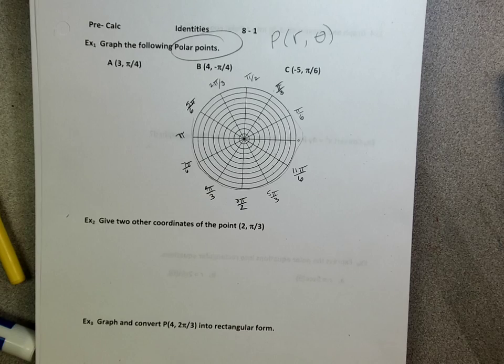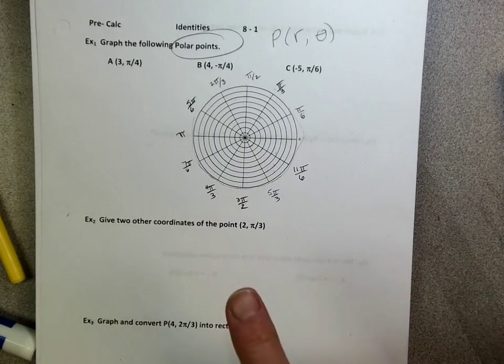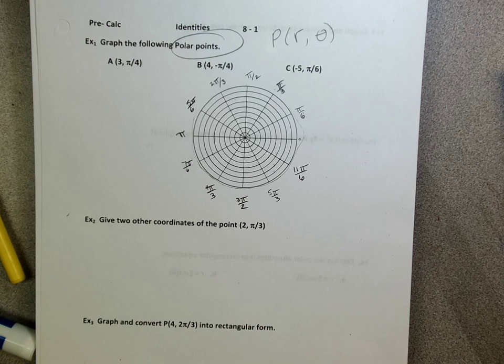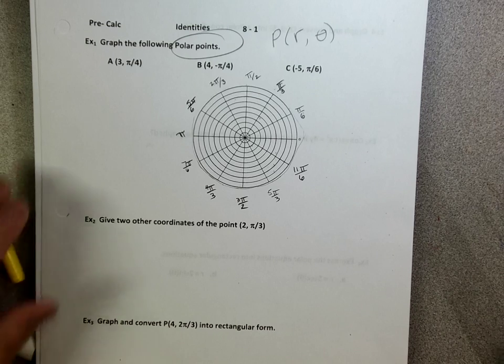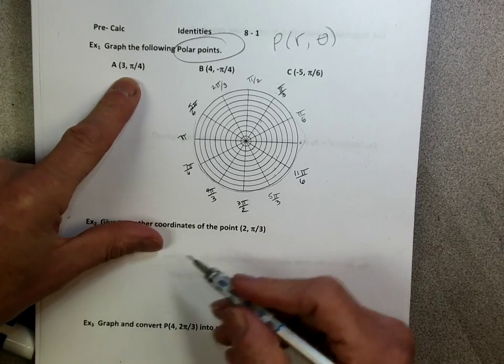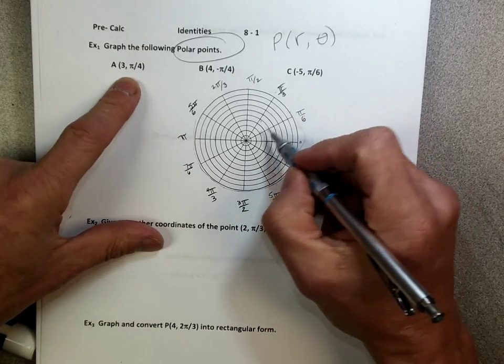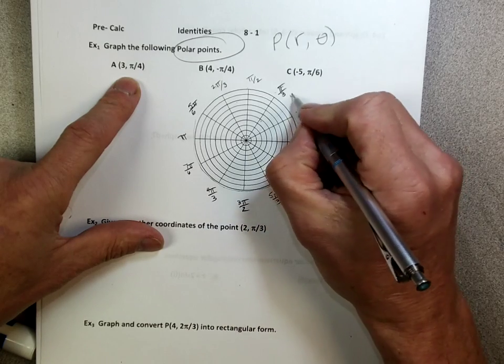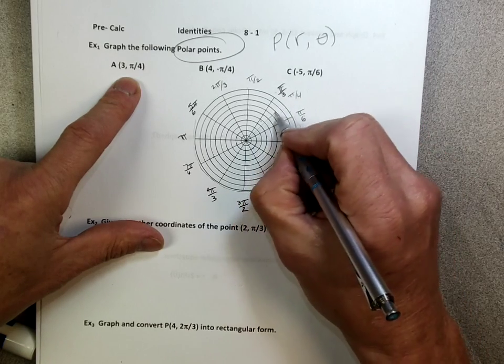So we're going to graph points. Now, what you notice is this is kind of weird graph paper, isn't it? This is not normal graph paper. This is polar graph paper, and with polar graph paper it makes it pretty easy. So point A would be a radius of 3 at pi fourths. So I find pi fourths is right in here, that's got to be about pi fourths, right?